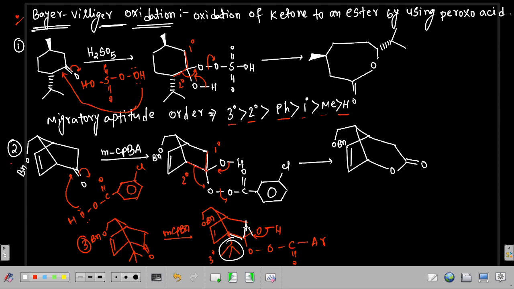So this bond will shift to the oxygen, and it will give this, here CH2, here O, Bn, and here the tertiary butyl group. So this is an exception.